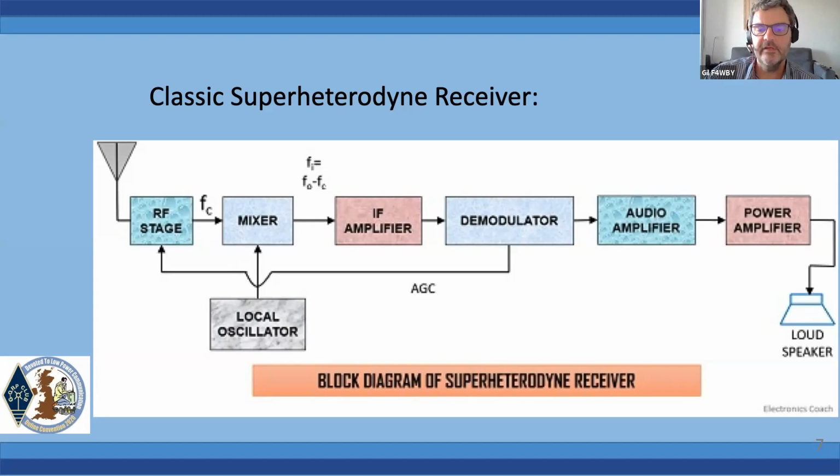Here we also see the AGC, which is the automatic gain control, a system which will control spikes in volume, basically to protect your hearing and make it more comfortable to listen to. So the superheterodyne is probably the most common of receivers, along with the direct conversion receiver.